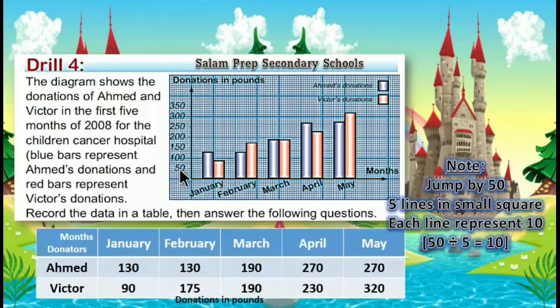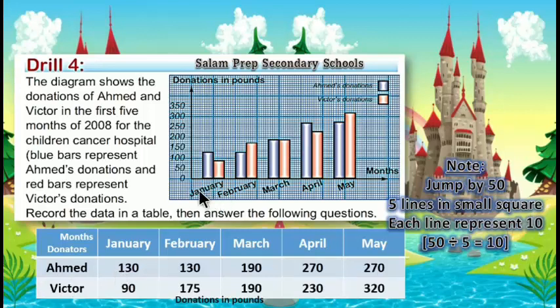Now, the vertical axis is donations in pounds, but take care, we need to put in the table Ahmed and Victor. Don't forget 2 bars. The blue bar represents Ahmed donation. The red bar represents Victor donation. So we need to put in the table Ahmed and Victor.